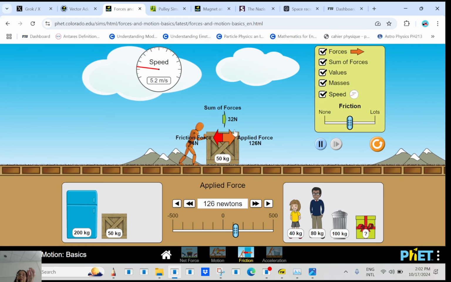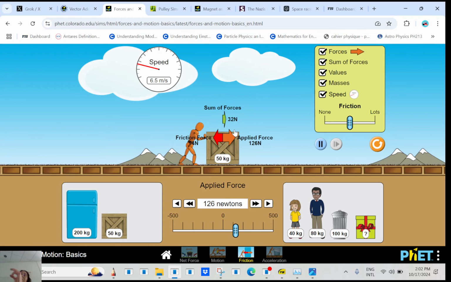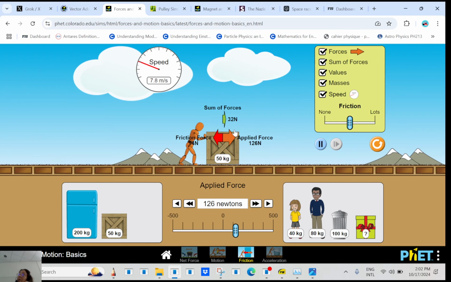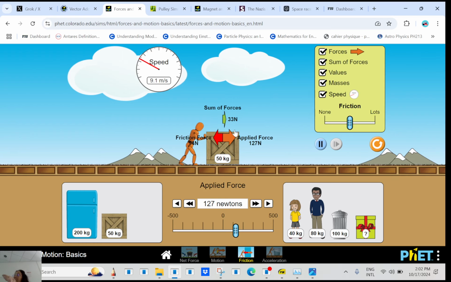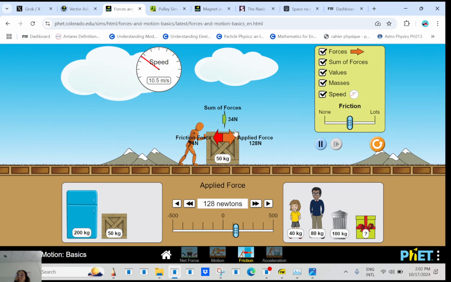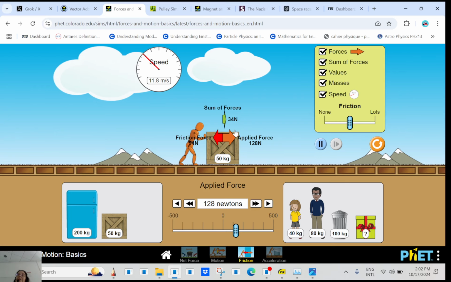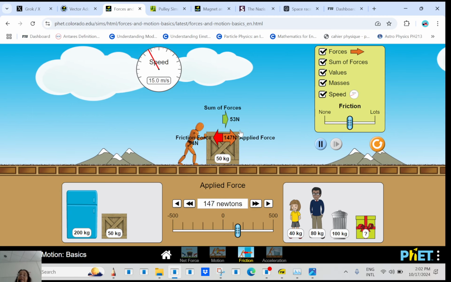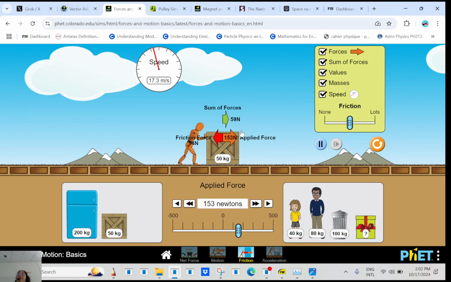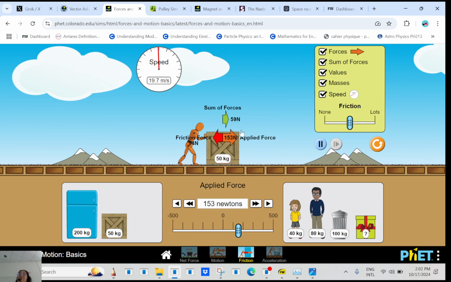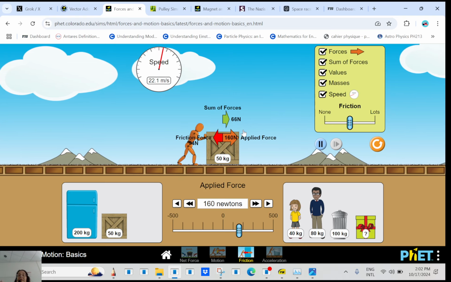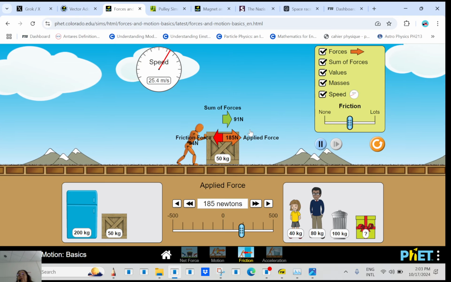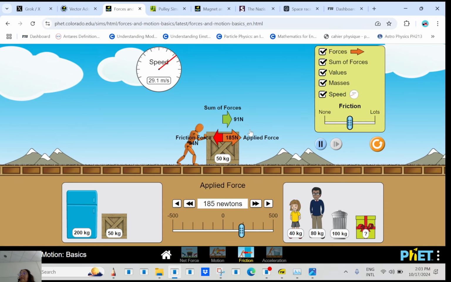I want to bring attention to this because it's a typical question on test number 2. You can see that the static friction is always larger than the kinetic friction. And the kinetic friction always stays the same if you don't change the mass or the materials in contact. Agree?